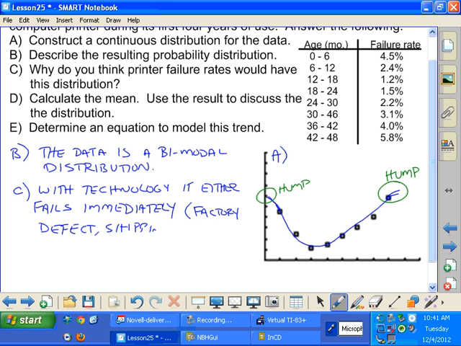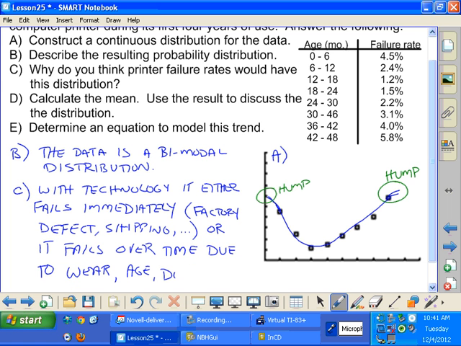So if you have a piece of technology, it's going to fail out of the box 4.5% of the time because of those causes listed there. It's either going to be a factory defect, something wasn't put together right, it was damaged during the shipping process, or it fails over time due to wear, age, dust, whatever other factors contribute to the failure of a piece of technology, especially a printer.